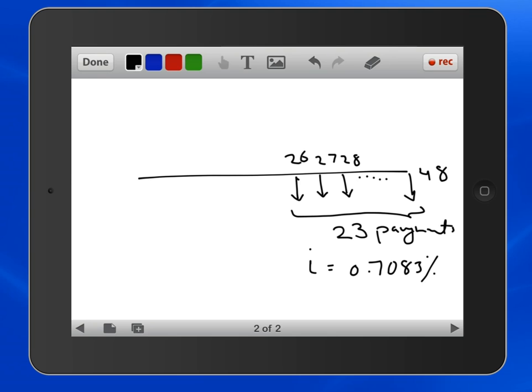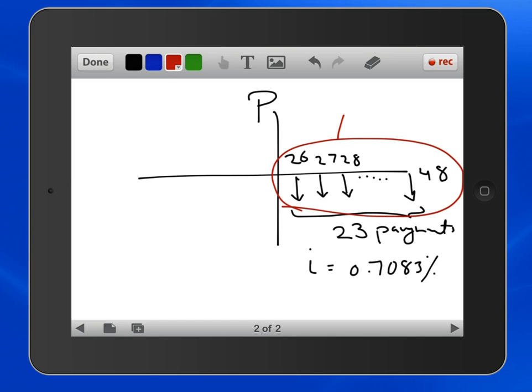So I will consider this as a present value because I'm already done with those payments. This will be my present value over here, and based on that, I will bring all these annuities back to the present value.